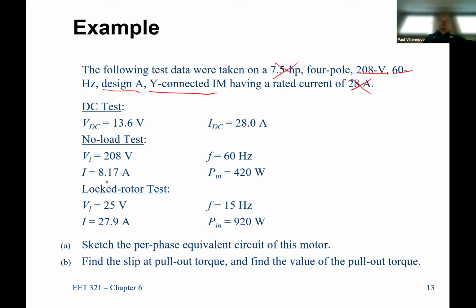So we had to adjust the field current to get a bunch of different curves so that we could get those values. Over here, the only thing we can adjust is the load. Can't adjust anything else. So we only have two options: run it under no load conditions and run it under locked rotor conditions. You can actually run it at different slip values, but it doesn't really give you a lot of information. You're going to have to do some additional work to get there from here. So let's just do these two tests.